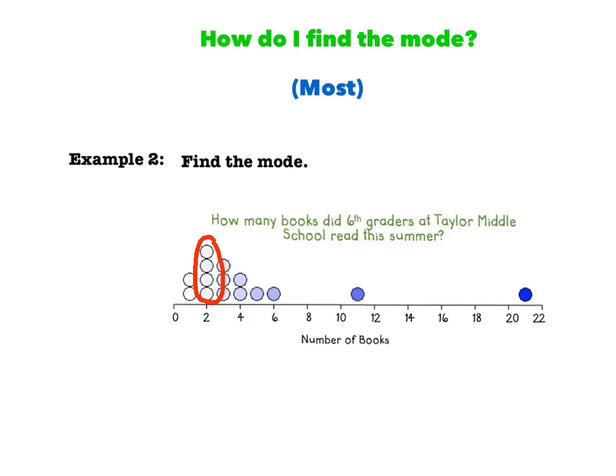So my mode is equal to 2. Now let's say that I also had 4 of the 4s as well. If that was the case, then I would have 2 modes. My mode would be 2 and it would be 4. But I don't, so my mode here is 2.